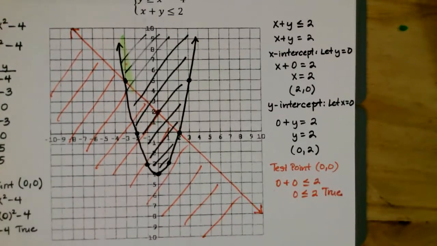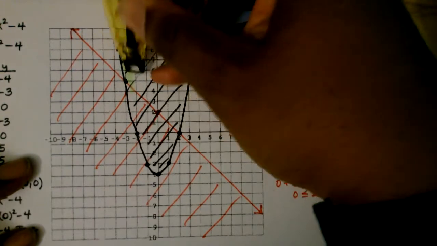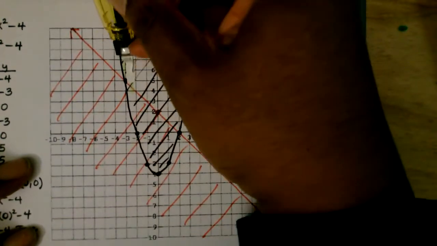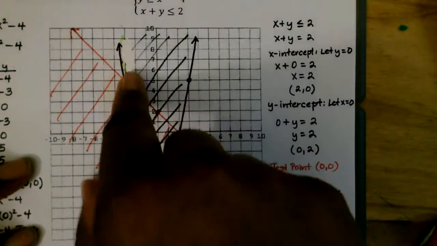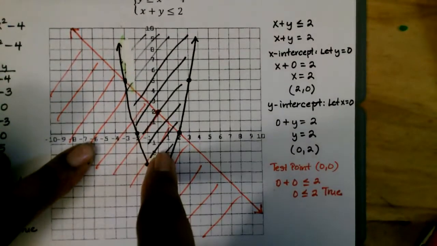Now I need to shade the region that has the intersection of the red and the black. And that's going to be this part right here, as you can see.